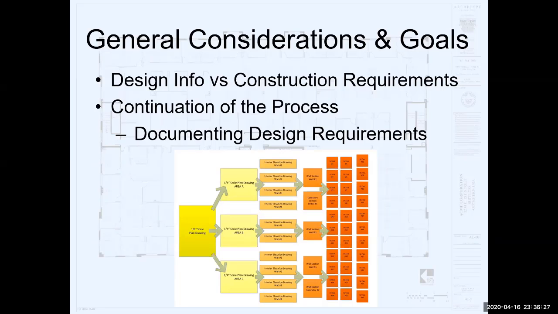So the idea is that we are moving through a process, as we talked about in the very first week, that we're taking the information at a small scale and we're going to a larger scale. Generally speaking, as we make these transitions, our goal is, while the drawing is getting bigger, we have more room to provide very specific information that is important for the contractor or the subcontractors in building the work.